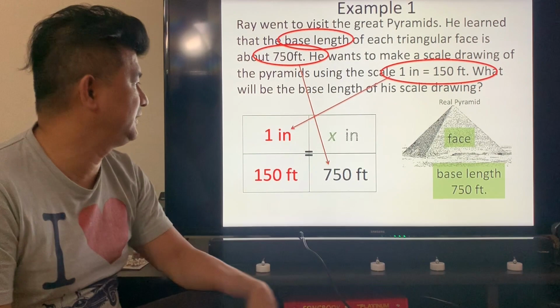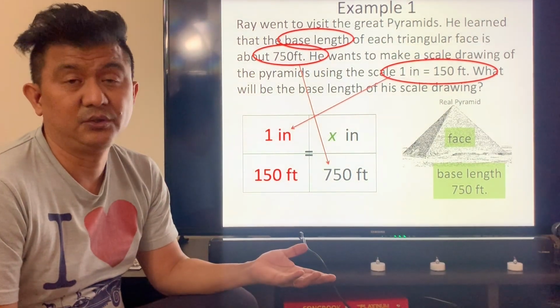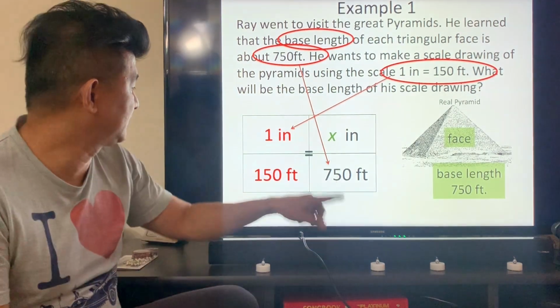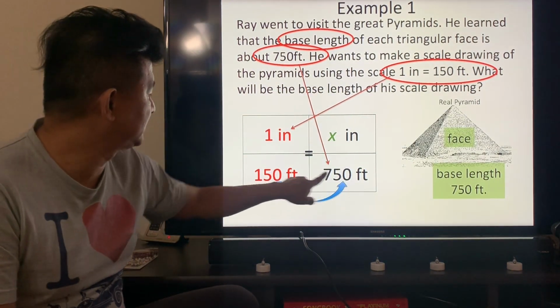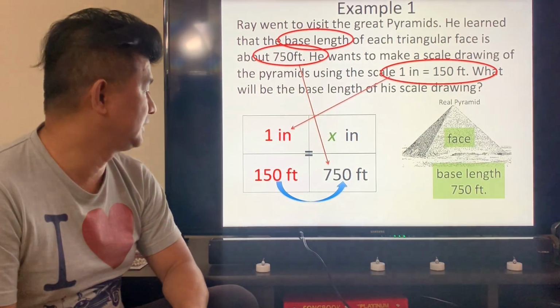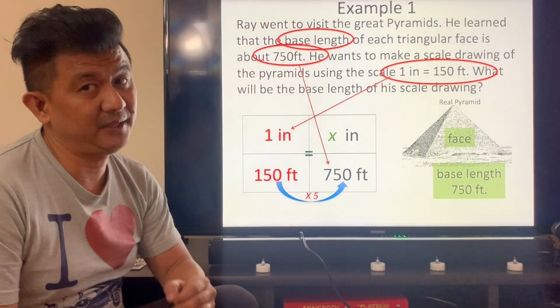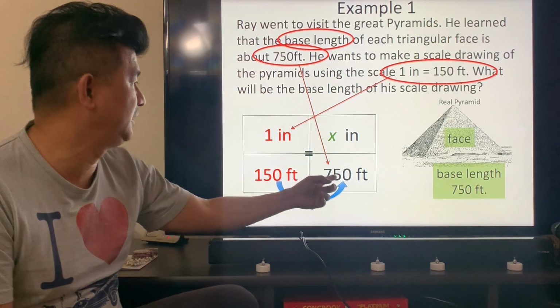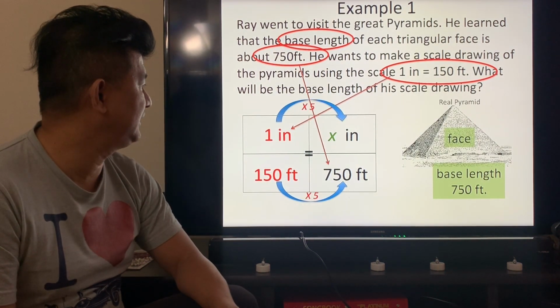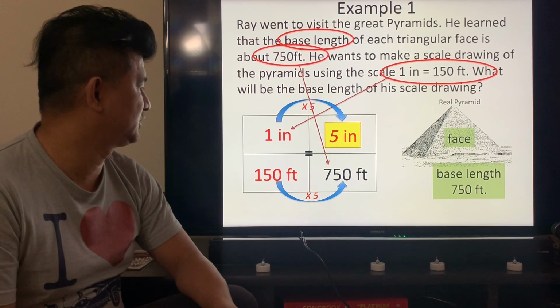Now, we're just solving for the x over there. You have different ways to solve for the missing number here. But here from the bottom, you would see 150 became 750. What did we do? We multiplied by 5, and whatever pattern we did below, we do the same thing on top. 1 times 5 is 5 inches.